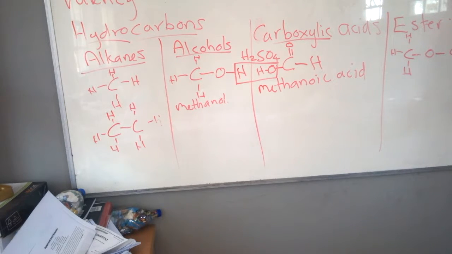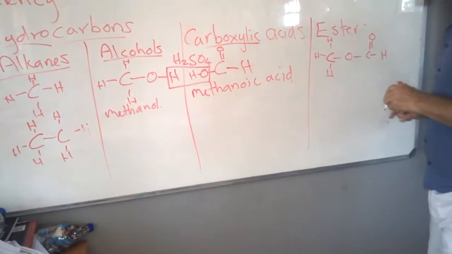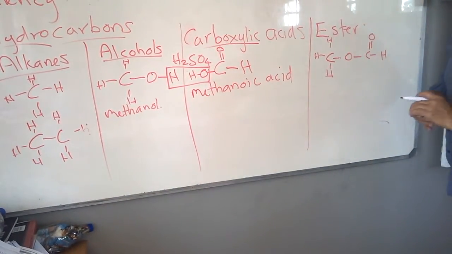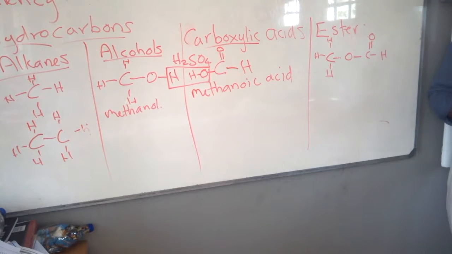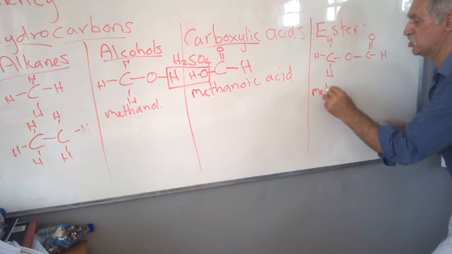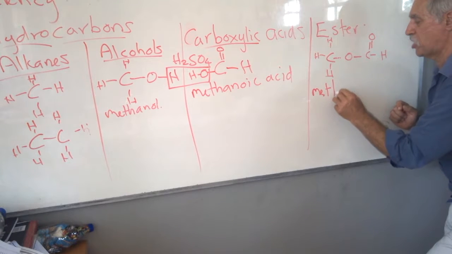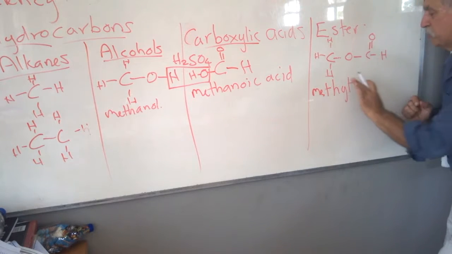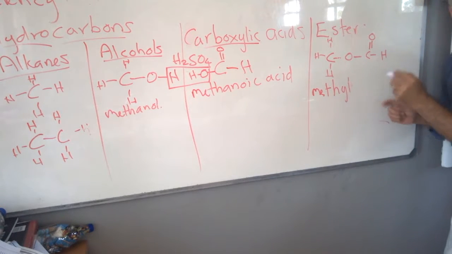Now, how do we name esters? I just want to see if this is getting across. Let's just turn it a little bit. Let's do our esters slowly. Thanks for asking. We do methyl, its name is this part, methyl. All one word.